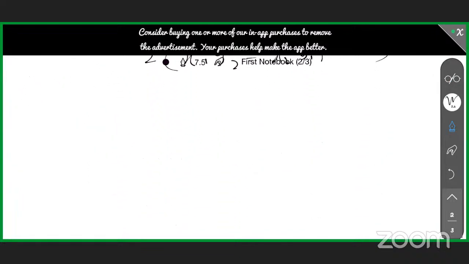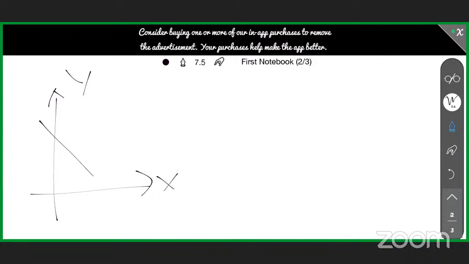Now next thing is, let us say this is my x-axis and this is my y-axis, and a line is meeting my x and y-axis at some points. Let us say point A and point B. This is my origin. This line is meeting my coordinate axes at point A on the x-axis and point B on the y-axis.